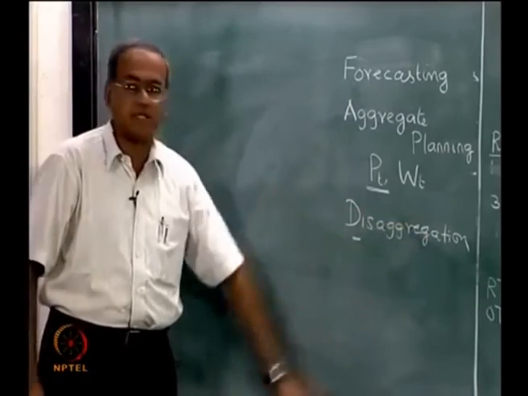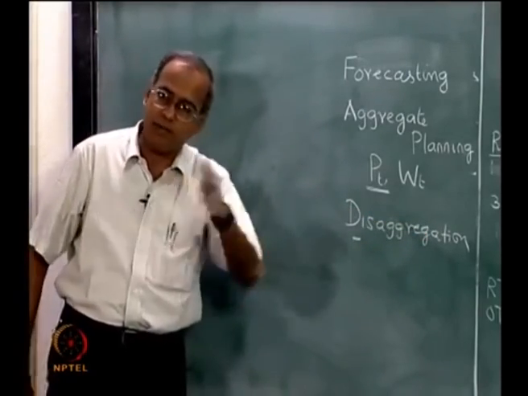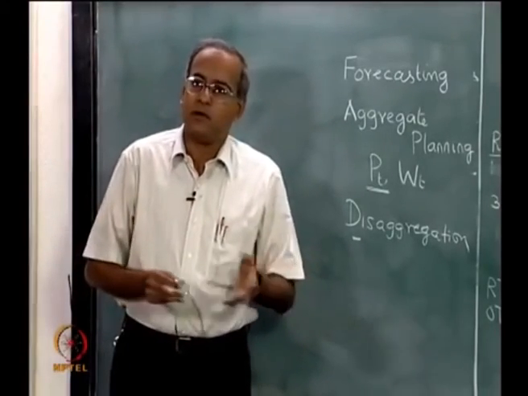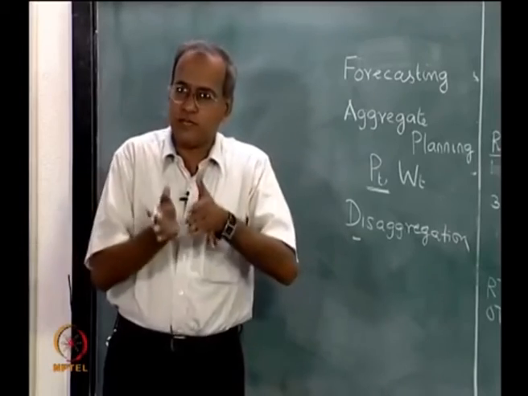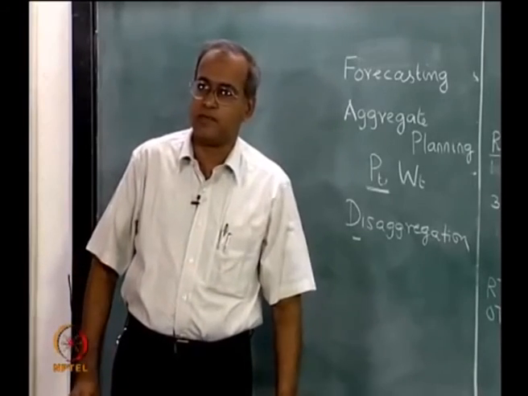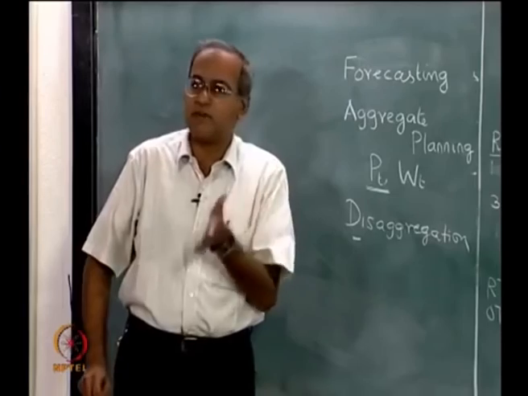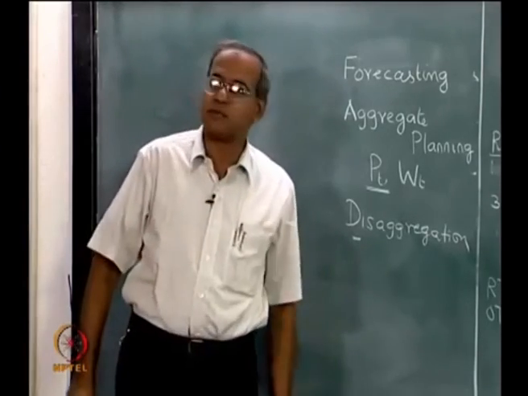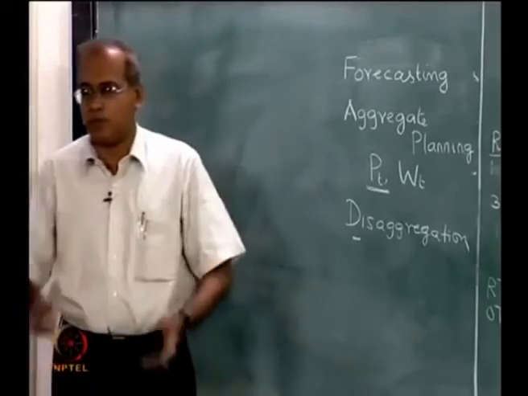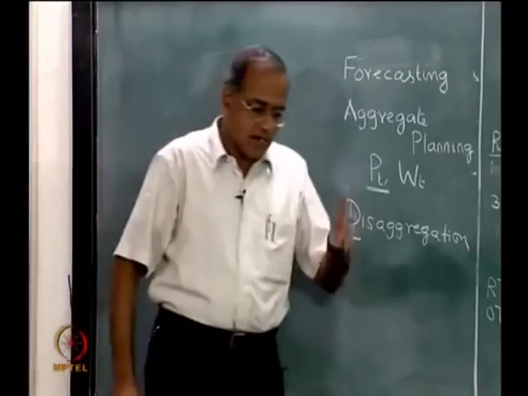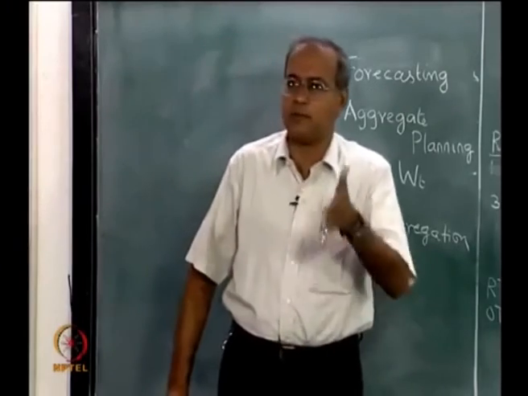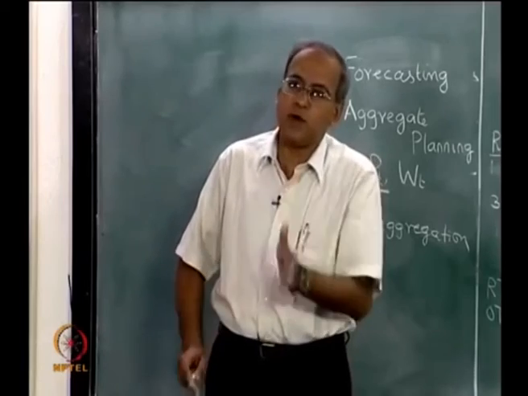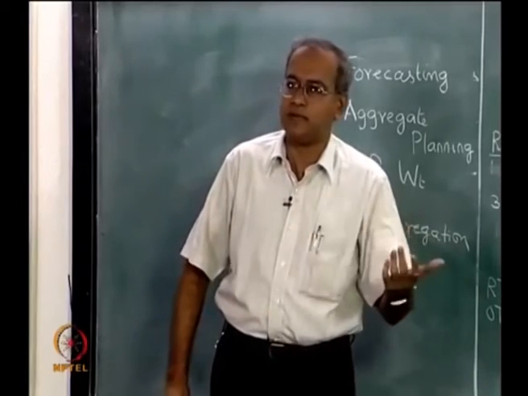Now, after we answer that question, or sometimes even parallelly, what are all the things that we make, individual quantities of each of these final products, and then each of these final products has its own set of assemblies and sub assemblies and bought out components. So, if a certain number of final products are to be made, what is the corresponding number of the bought out items that we should have?